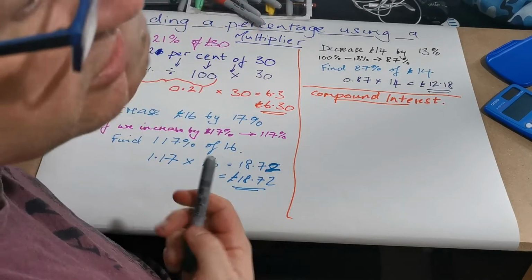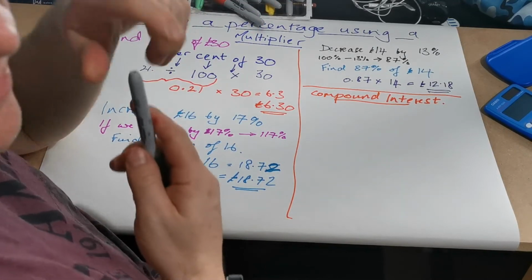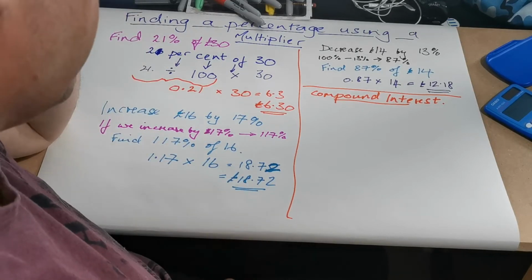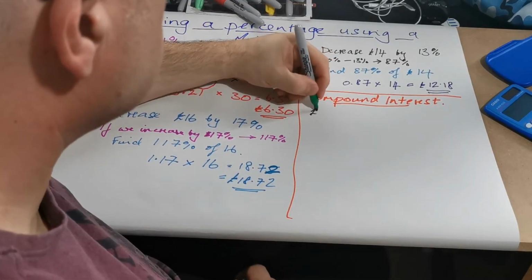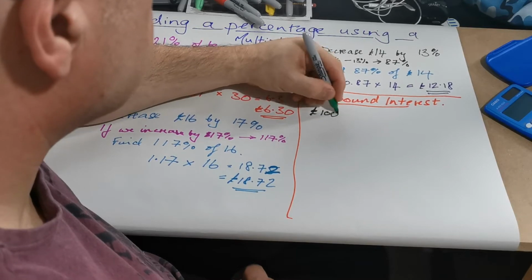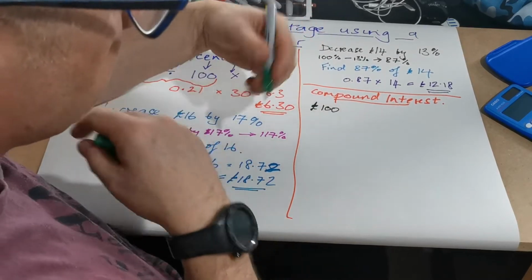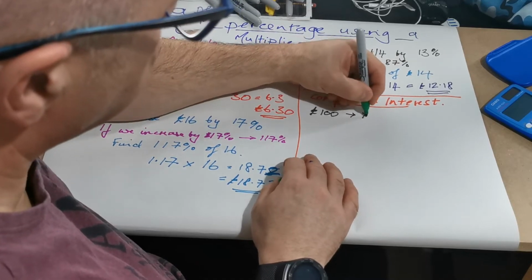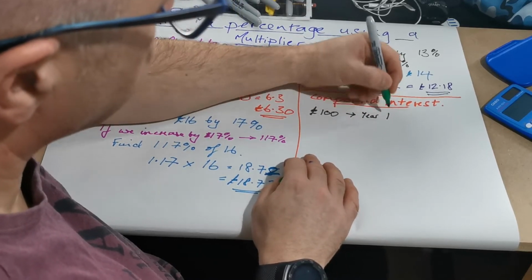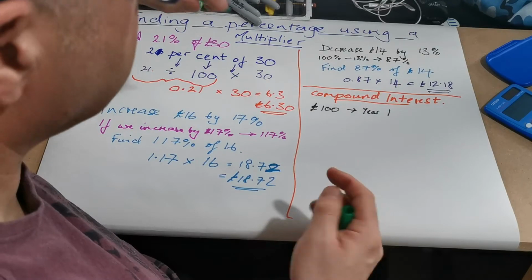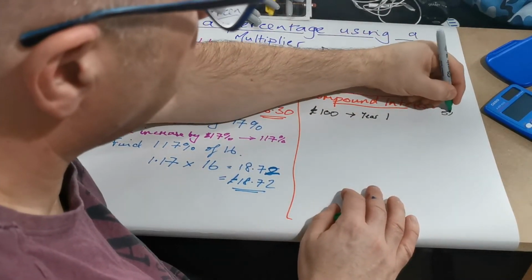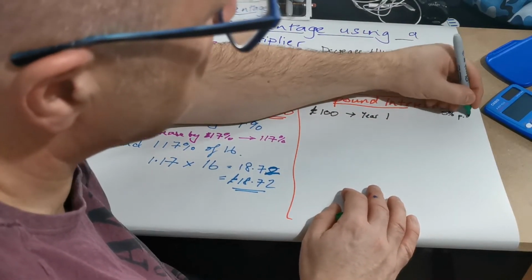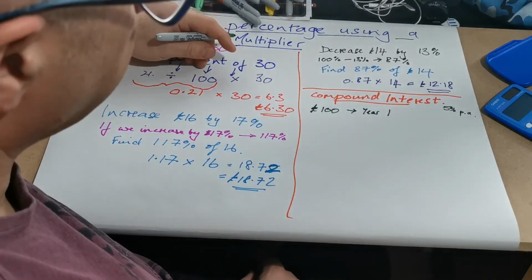So that means in interest, your money will go up by 5% per year. So say you put in £100, it needs to go up by 5% for the first year. So this is year 1. I'm going to add 5% on. So 5% PA, you'll often see that means per annum, for every year.